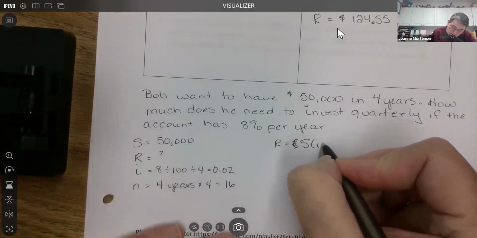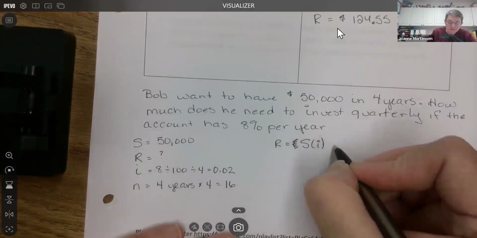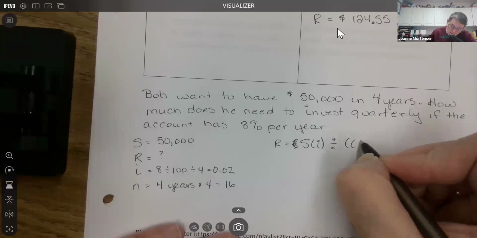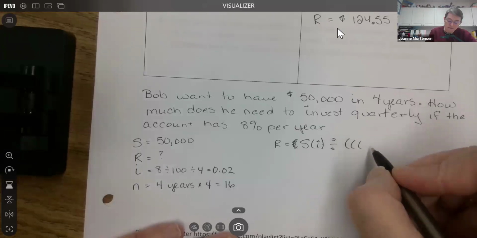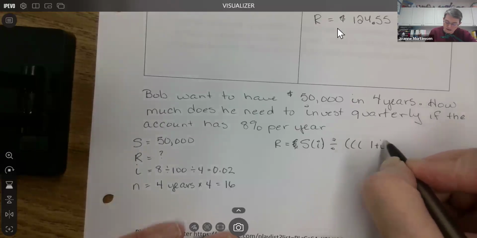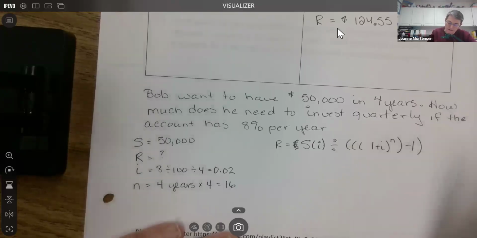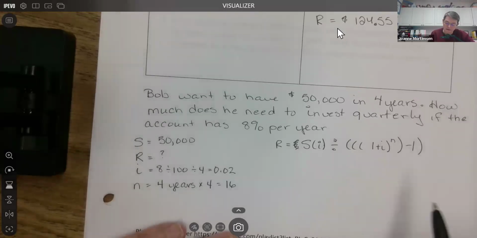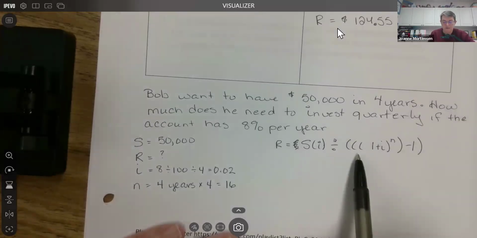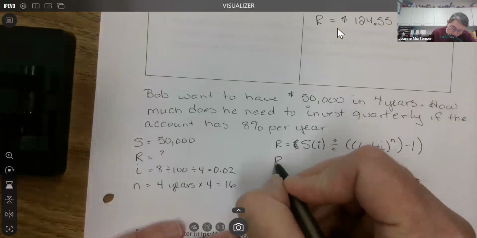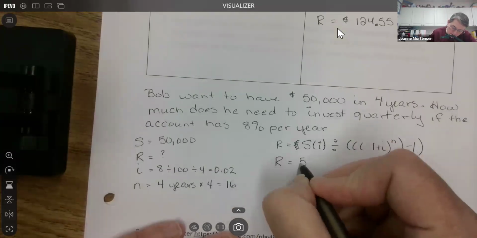S times I divided by 1, 2, 3, 1 plus I to the N minus 1, like that. Did I get that right? I look at R is equal to, okay, 50,000.